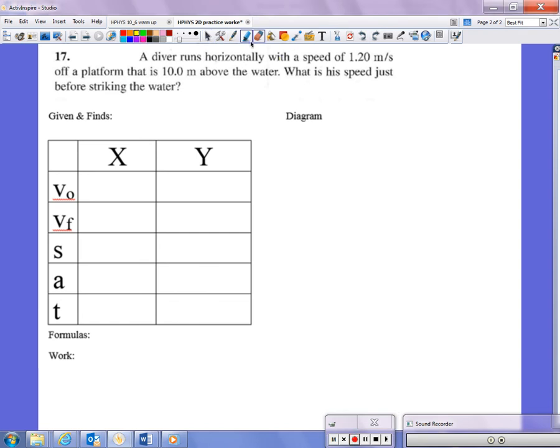So I'll read along. A diver runs horizontally with a speed of 1.20 meters per second off a platform that is 10 meters above the water. Then it says, what is his speed just before striking the water? We absolutely know that that will not be 0.